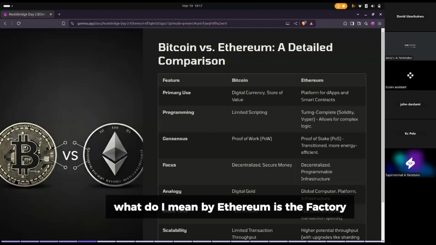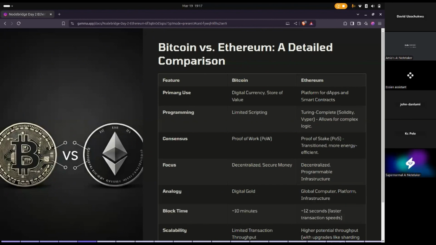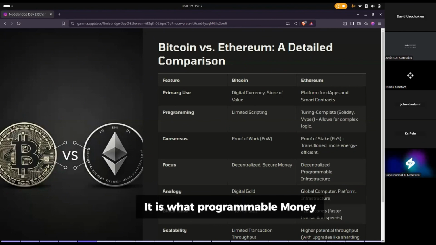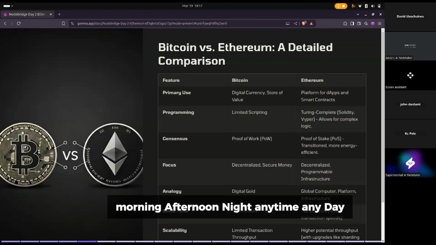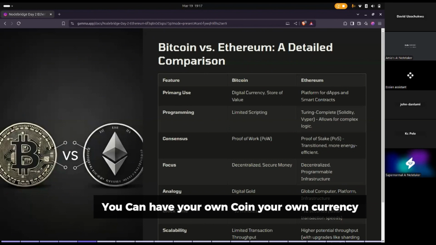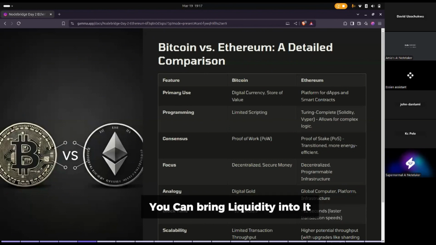What do I mean by Ethereum is the factory? In the previous slide we said it is programmable money. So you can print money from Ethereum morning, afternoon, night, anytime, any day, come rain, come sunshine. You can have your own coin, your own currency. You can bring liquidity into it.